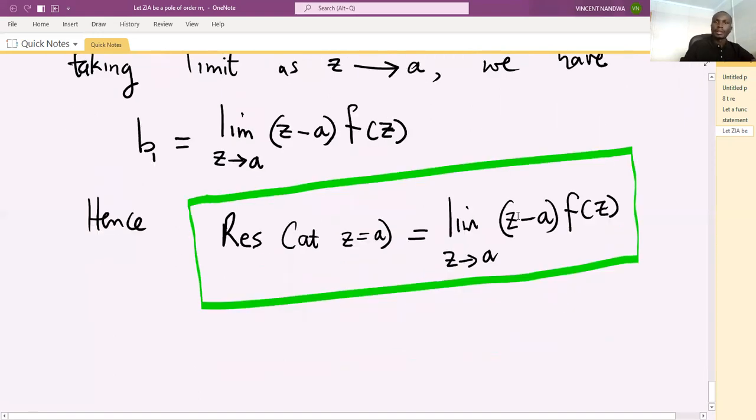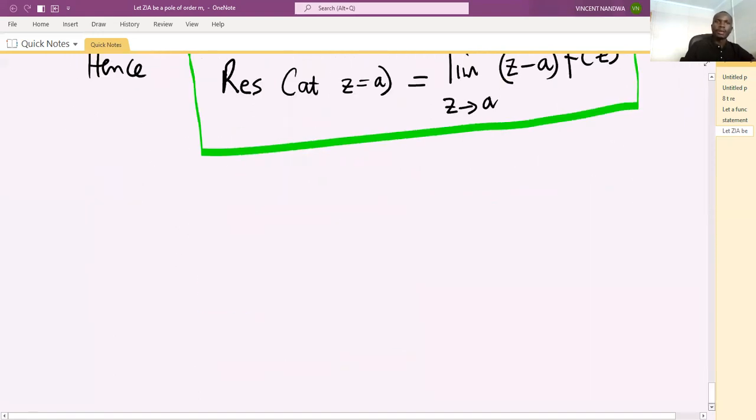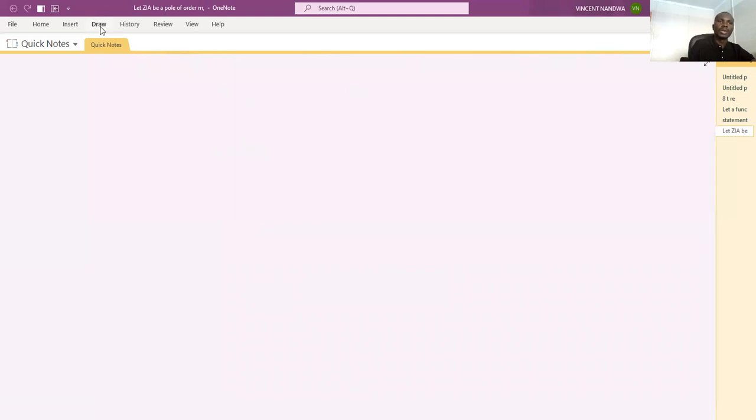And then case 2. Sometimes we may have a simple pole, but the function is in rational form.